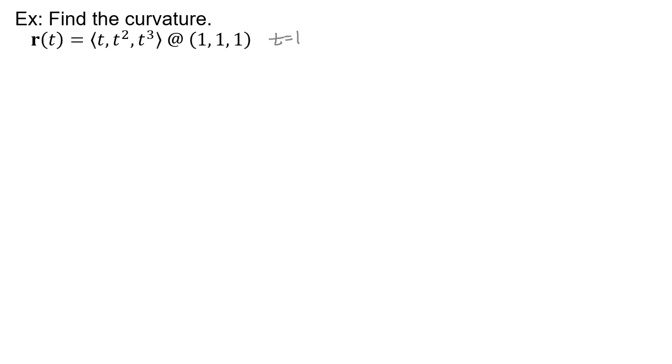So that's the value we're going to work with. I do need to find its derivatives and things. So the first derivative would just be 1, 2t, and 3t squared. The second derivative will be 0, 2, and 6t.